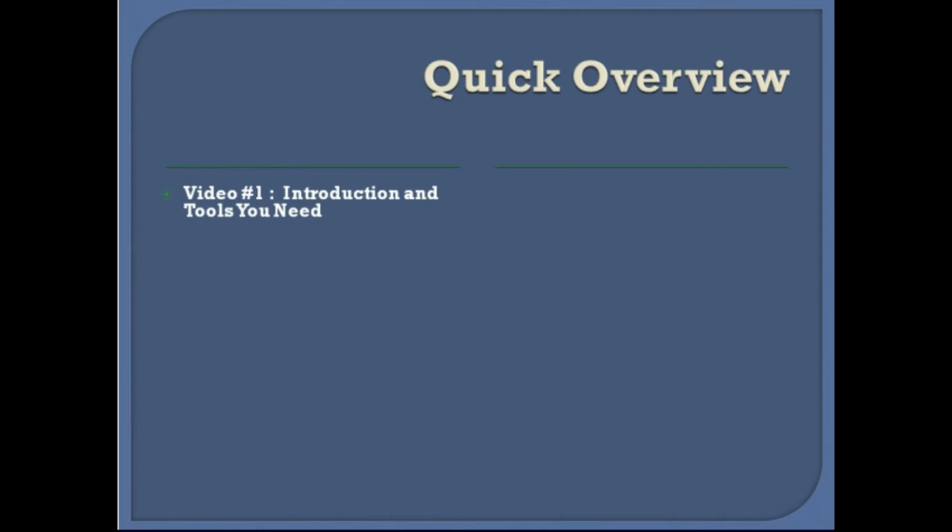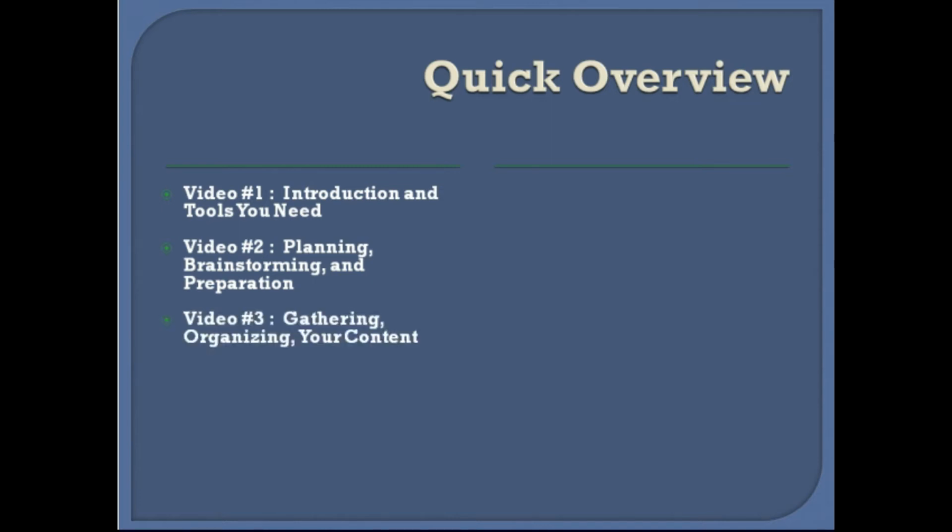Now what I want to do is give you a quick overview. This is video number 1, and in video number 2, I'm going to help you plan, brainstorm, and prepare for video number 3, which is where you gather all your content, and we organize that content so that it is ready to be uploaded. Video number 4, I'm going to talk about how to create a higher stick rate and customer value.